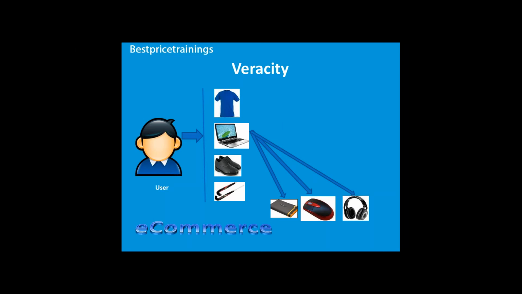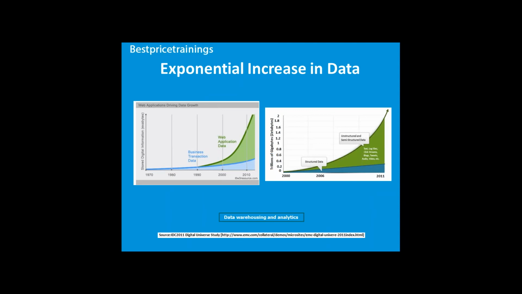Now, the most important point we need to understand here is that you are not the only person who is going to use this e-commerce website. There are millions of users around the globe who are using these e-commerce websites 24 by 7. This is the main scenario wherein we have to store that data and process that data at a very fast rate.